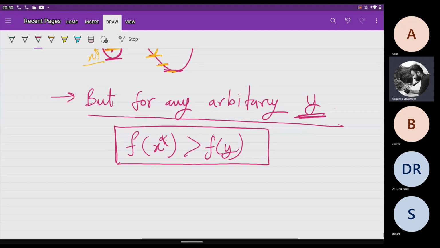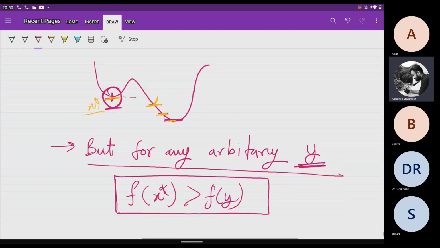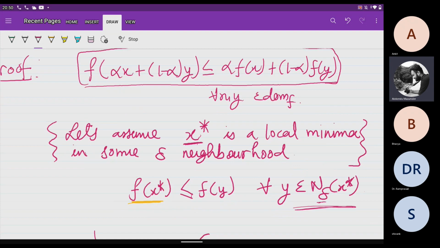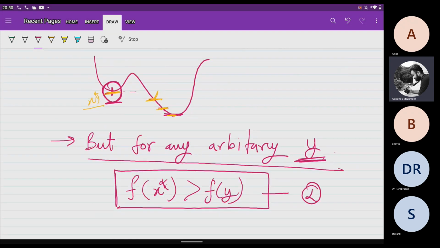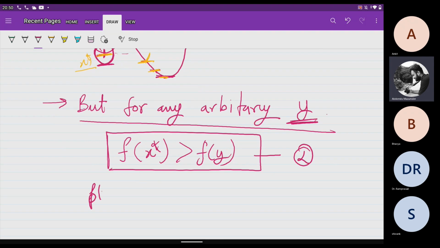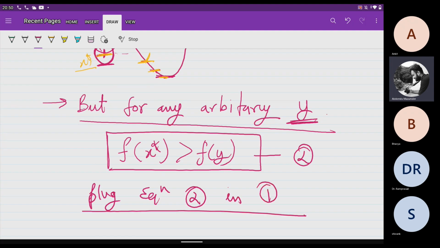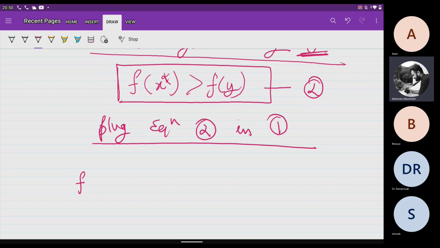Now we name it as equation 1 and equation 2. And I say plug equation 2 in 1. So what was equation 1?